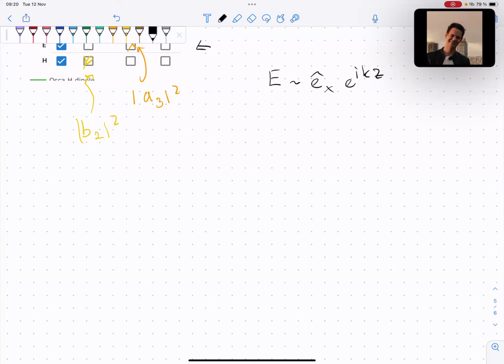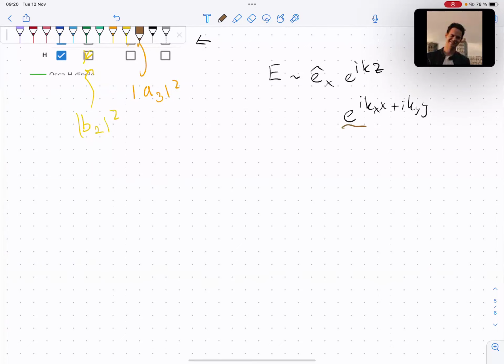So, for example, if you choose some e^{ikx}x plus some e^{iky}y, you will get a little bit different answer, but you will just complicate your calculations, because just by rotating the coordinate system, we can reduce this to this.